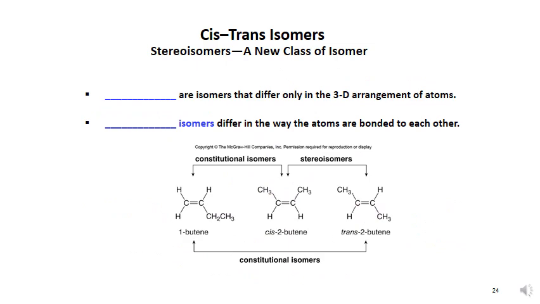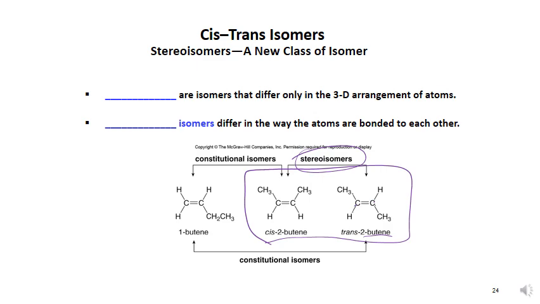4 different spots here. These guys they're both 2-butenes, right? Double bonds on the second carbon, but they're definitely different from each other because you can't freely rotate around that double bond. So cis-butene and trans-butene are considered stereoisomers because the only thing that's different is how they look, not how they're put together in terms of structural, where the double bonds are and things like that.